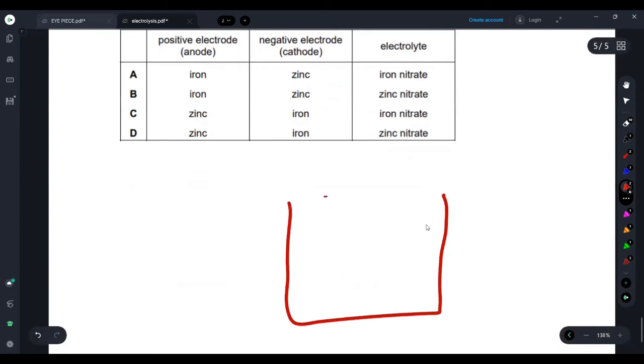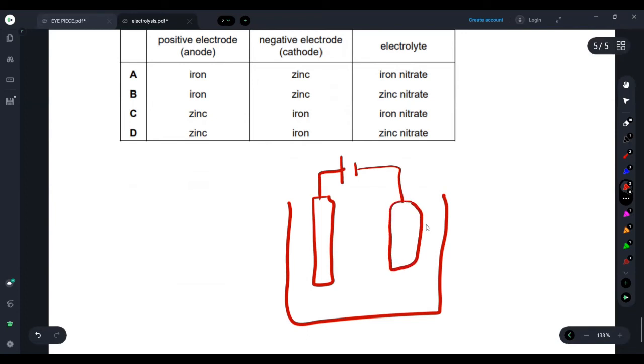In this case, we have the anode, which is positive, and the cathode, which is negative. And here we have the electrolyte, or the solution. Here, we need to electroplate, for example, iron with silver.